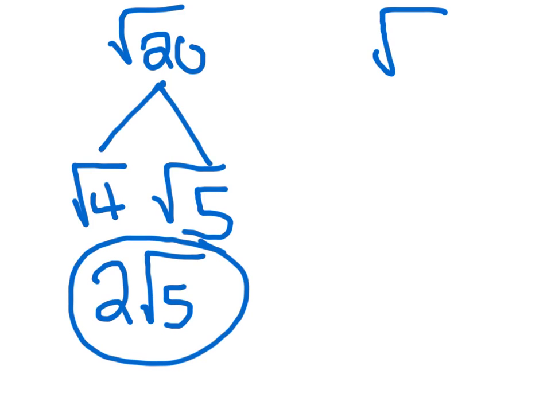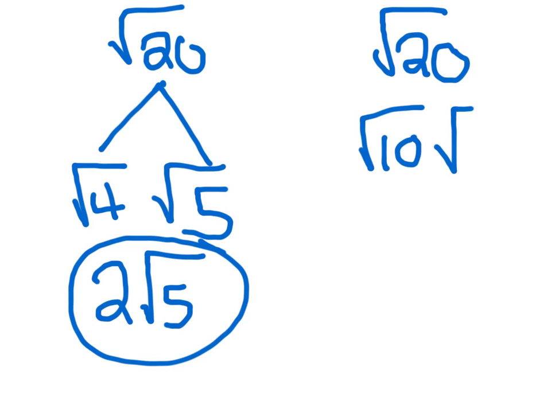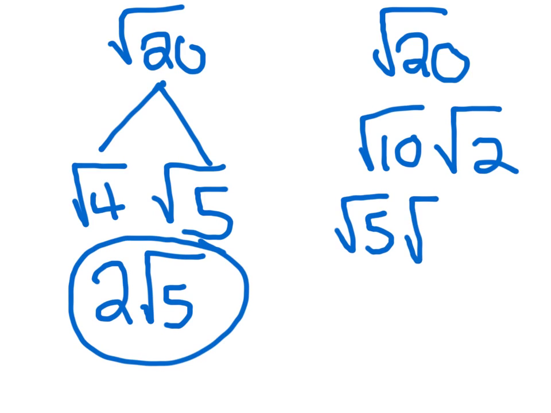So if square root of 4 and square root of 5 weren't the first two that came to your mind as factors of 20, maybe instead it was 10 times 2. Well, 2 is not a perfect square, nor is 10. However, we can drill down on the 10 a bit and rewrite the 10 as 5 times 2.